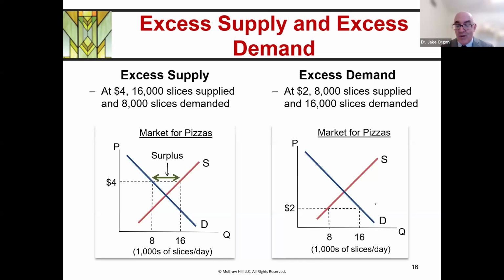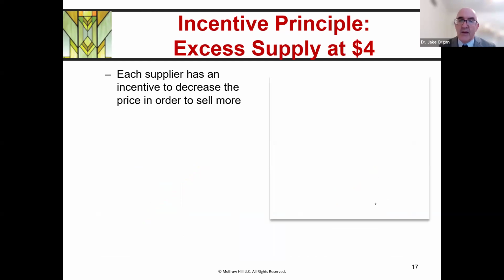And so you get this shortage. It's like, hey, I want that pizza. No, I want that pizza. Okay, I'm prepared to spend a bit more on that pizza. And the price goes back up to the equilibrium. So in both cases, where the price is too high or too low, it'll be pushed back to equilibrium. And it's a good thing.